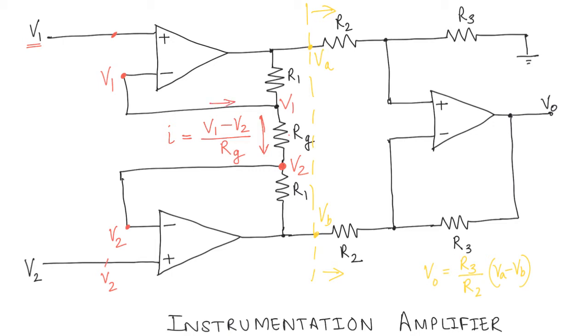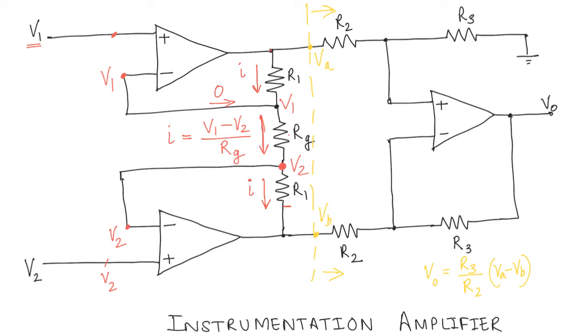What will be the current which is flowing in this particular branch? Now we see that whatever current is flowing here has to flow through the input of the op amp, and we know that no current flows through the input of the op amp, so this current is going to be 0. That's right. Very good. And so this current I is simply going to flow through R1 as well. And similarly, the current that flows through the other R1 is also going to be I.